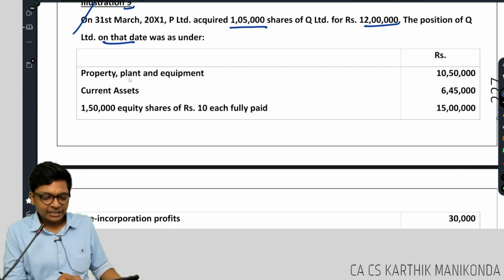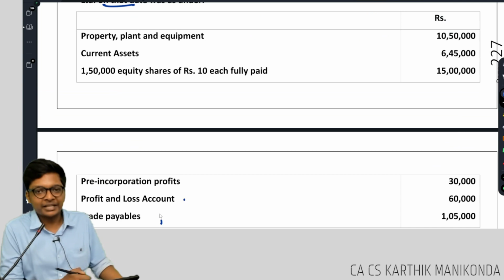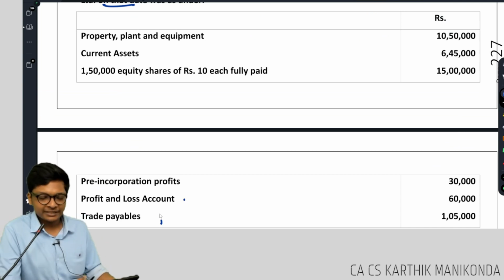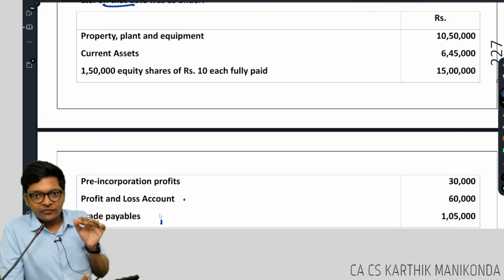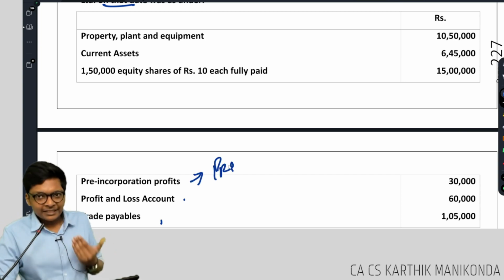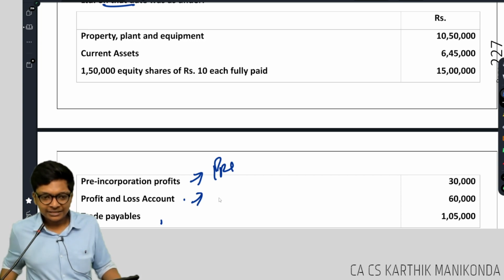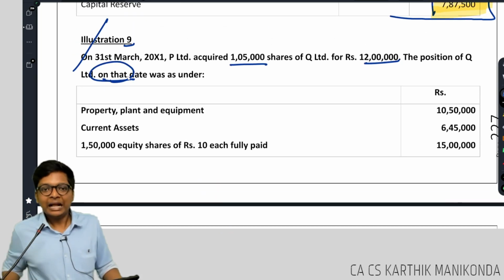PPE 10,50,000. Current assets 6,45,000. Equity shares is given. Pre-incorporation profit, profit and loss, trade payables. Are you following guys? So this is on the date of acquisition. So pre-incorporation profit is fully pre. Even if they didn't give it as pre, the P&L balance is the balance on the date of acquisition.